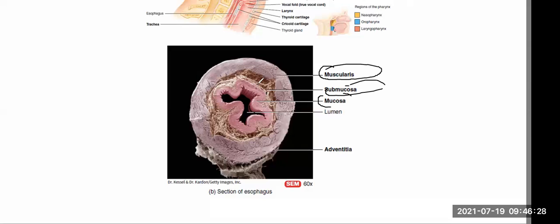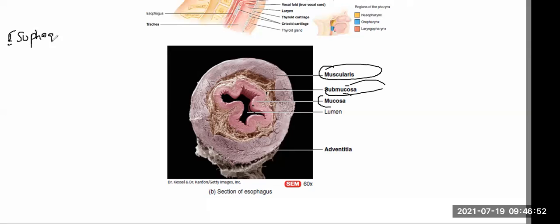And one more thing, near the stomach, the mucosa of your esophagus contains mucus glands, right? And we know that the esophagus secretes mucus and transports food into the stomach. We didn't discuss this before.